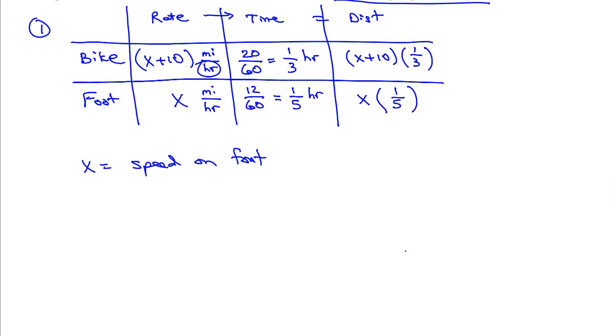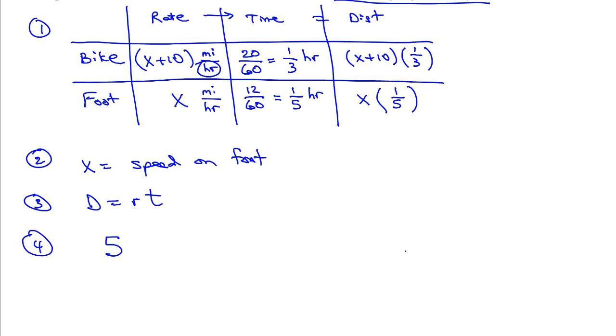So let's set up the equation. I'll go ahead and fill in the rest of this that we used along the way. The variable was x as the speed on foot, and the equation we used, of course, was distance equals rate times time. So let's set this up.